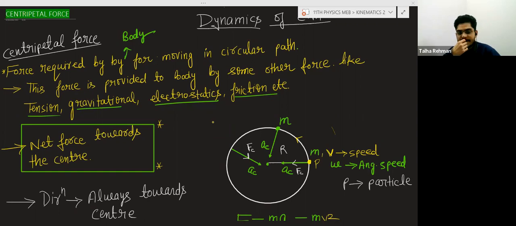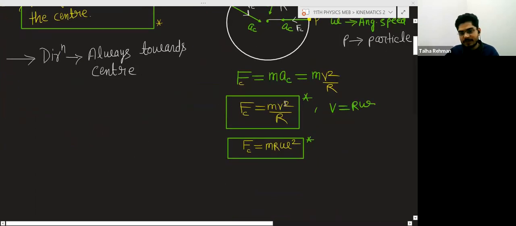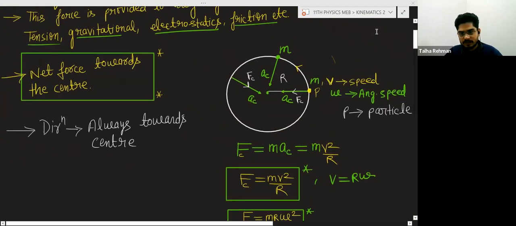Centripetal force to the body is provided by some external force, and that can be tension, gravitation, electrostatics, and friction force. Basically, the net force toward the center is the centripetal force. This concept will help you in numericals. And the centripetal force formula is mv square by r and m r omega square.